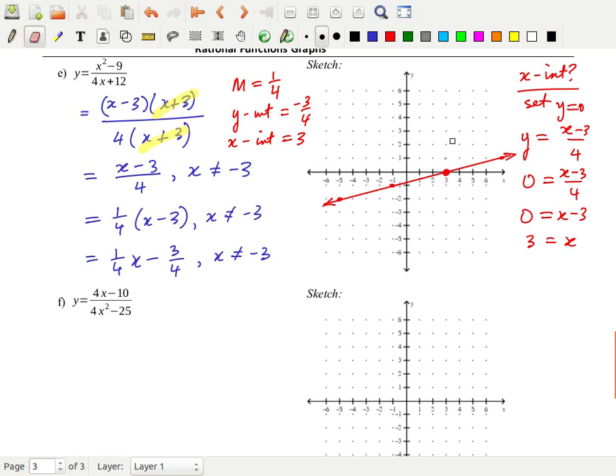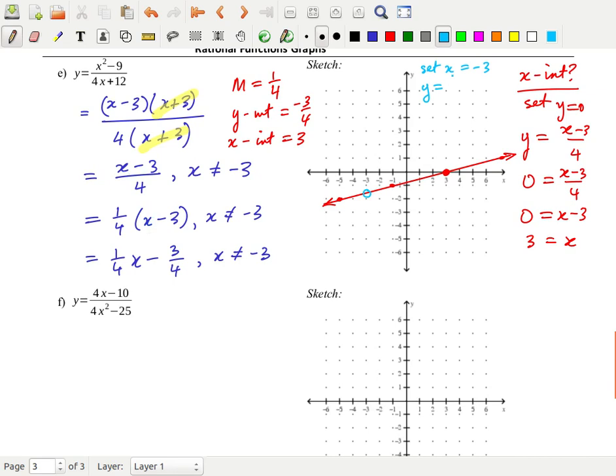And so now from here, what I can do is identify where this hole is. So I know this hole is at x equals -3, so let's choose a color that's going to stand out a little bit better. I know there's a hole there. What are the coordinates of that hole? In order to find the coordinates of the hole, I'm going to set x equal to -3. And I end up with y is equal to, is there any one of these that's easier than another to use?